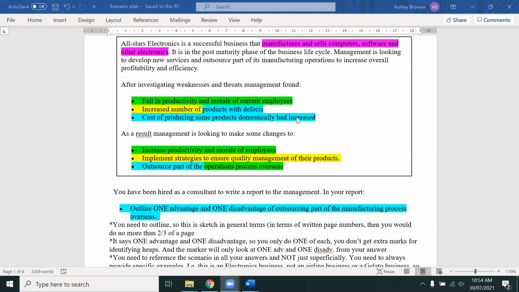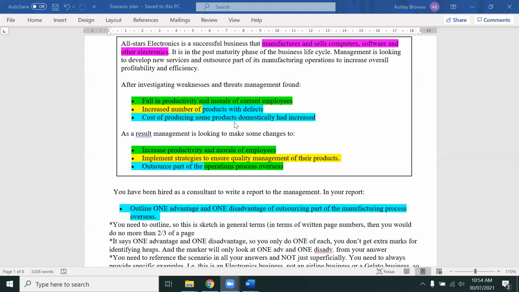So that's a quote that I'm going to want you to use in answering this. Why have they outsourced overseas? Because costs have been progressively increasing domestically, and by outsourcing overseas, you'll be able to hopefully meet that cost performance objective. That's one of the advantages that you're going to talk about in here.